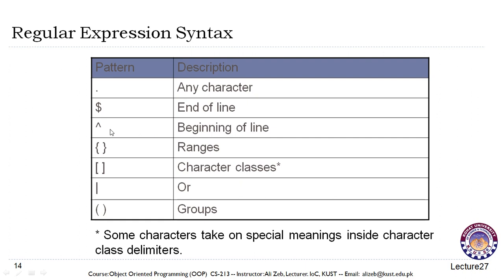When we want the whole line to be considered as an expression, we use this beginning of line and end of line symbols, and this shows the range to our expression. For example, as we saw, if we have one integer between these two curly brackets, then we want to match exactly that number of integers. We can define our own character classes between these square brackets.